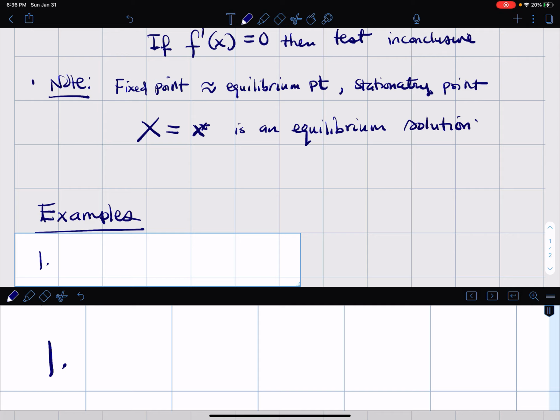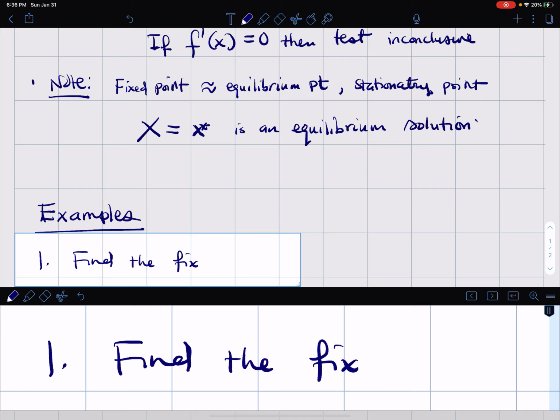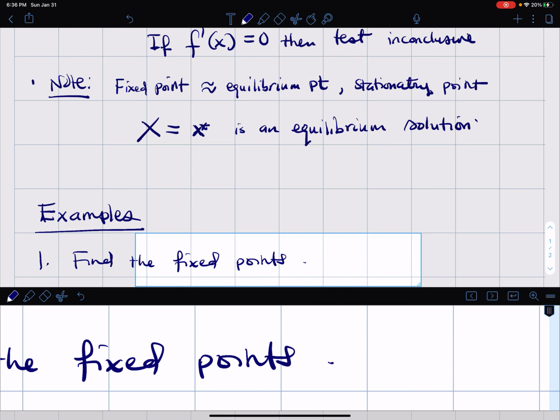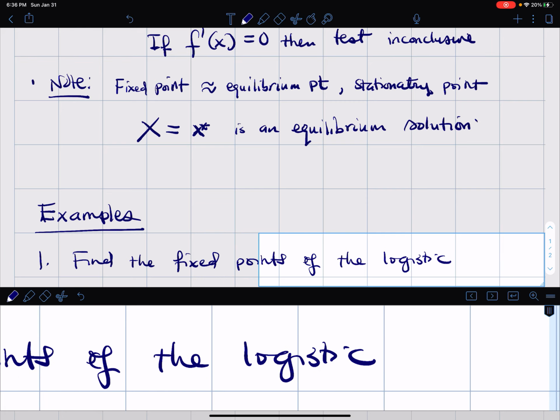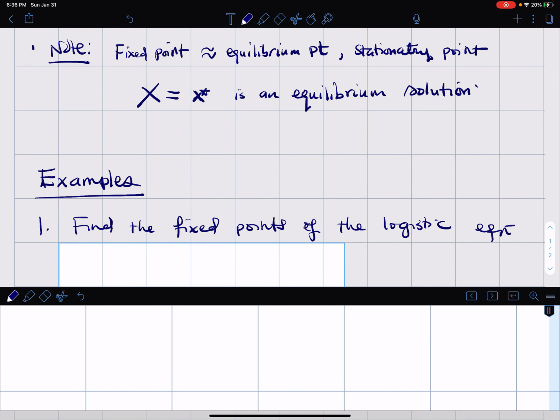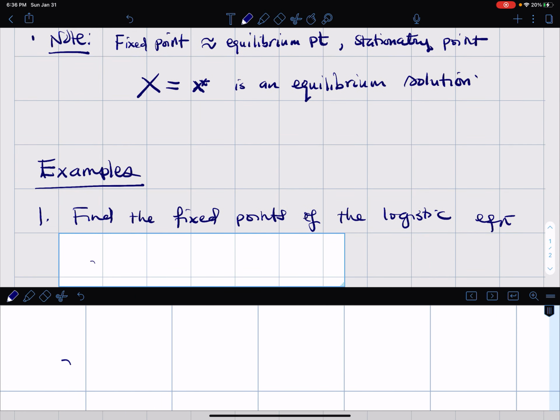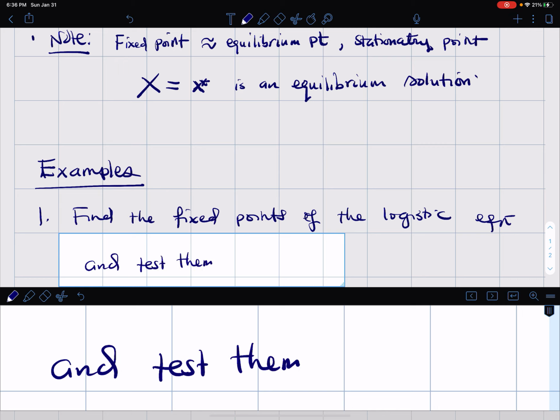We want to find the fixed points of the logistic equation and test them for stability.